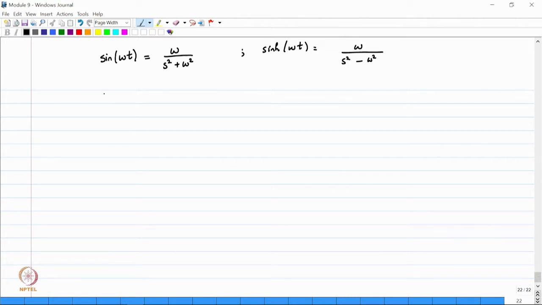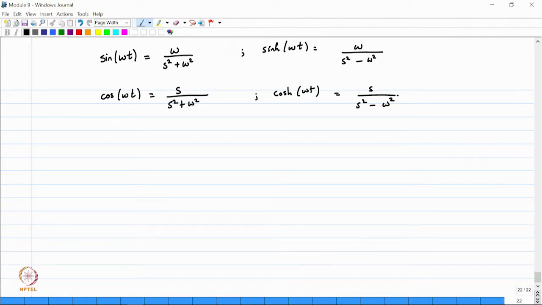If you had a cosine of omega t, then in this case instead of omega you have an s over s square plus omega square, and similarly if you had cosine hyperbolic of omega t, this would look like s over s square minus omega square. Okay, so all these relations can be easily derived.